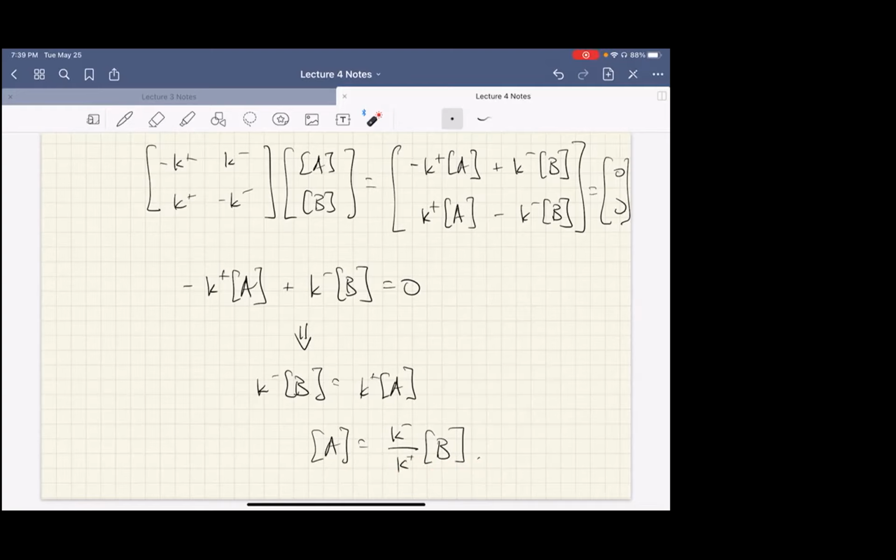But that's good because it means that for any concentration A can take any value, there's a corresponding B that's in equilibrium with it. So there's no special values of concentration. It's just that if A and B satisfy this, then it's at steady state. So this then is the steady state solution.